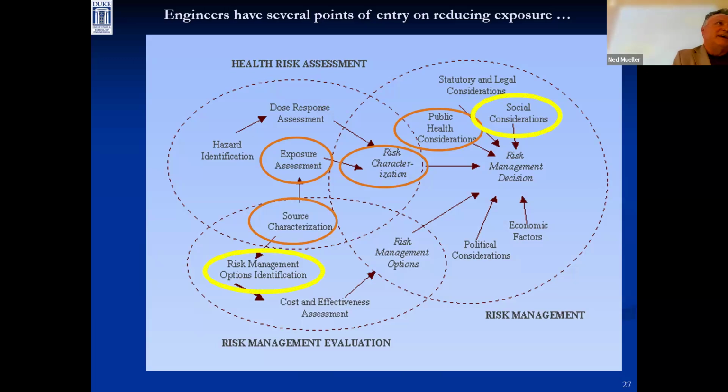That would be, for example, taking something out of a product, or having some kind of stack treatment process that lowers the concentration that goes out the stack. And we always have to consider economic factors, and so we ultimately end up with a risk management decision. So you can see this, all the orange stuff is the stuff that scientists and engineers have some control over.